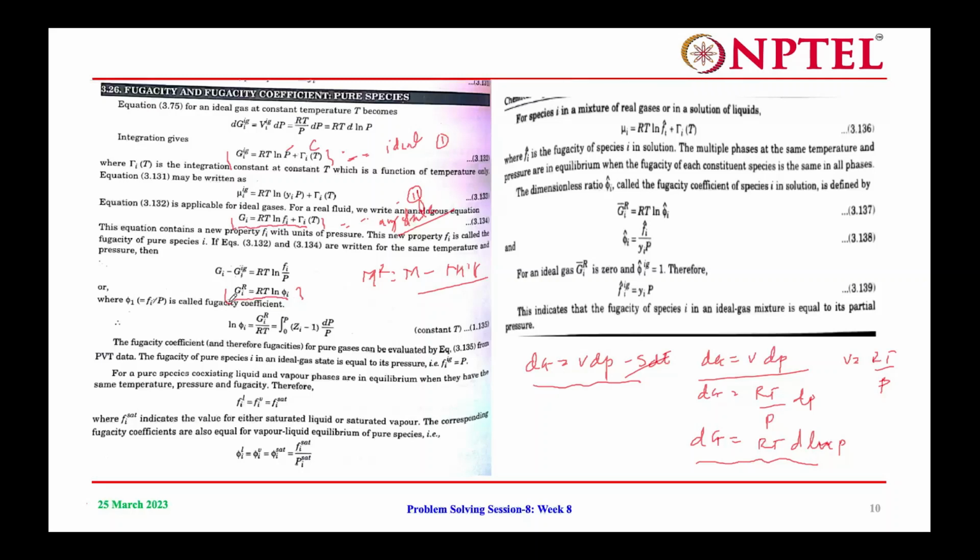Getting or not? It represents the behavior of real gases. Just like for ideal gas we use pressure, for real gases we have to replace it by the effective pressure. That is called the fugacity.